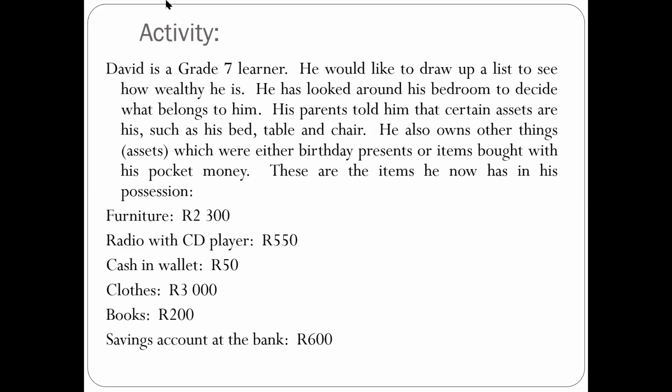If you add it up, people, you get a total of 6,700 Rand. So David, the value of his assets is 6,700 Rand, and he's only a grade 7 learner.